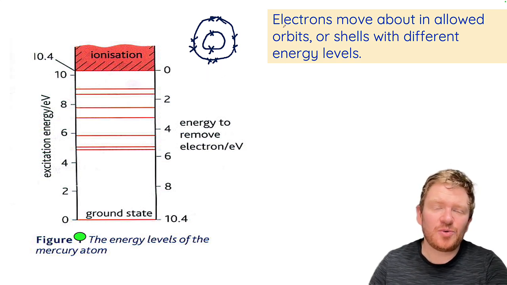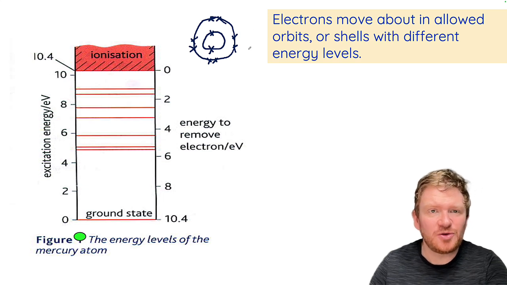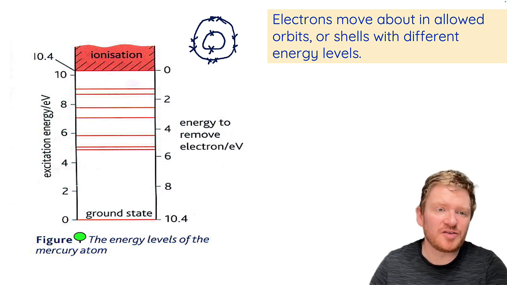Using some of the physics we already know, for an individual electron there's going to be a force acting on that electron, equal to the electric field strength at that location multiplied by the charge of that electron. So I can say F is EQ.